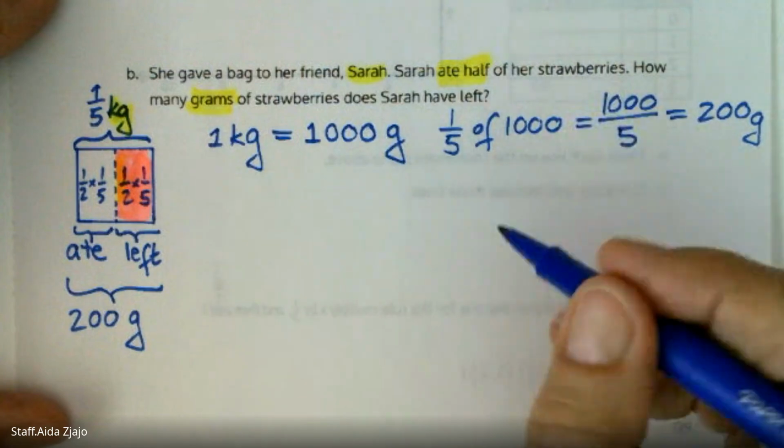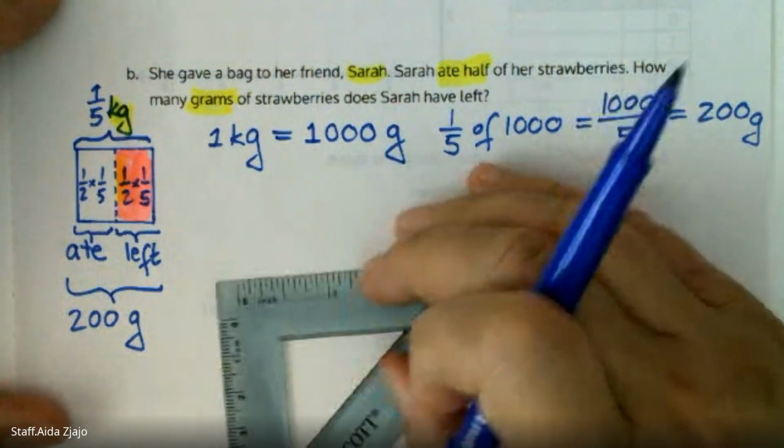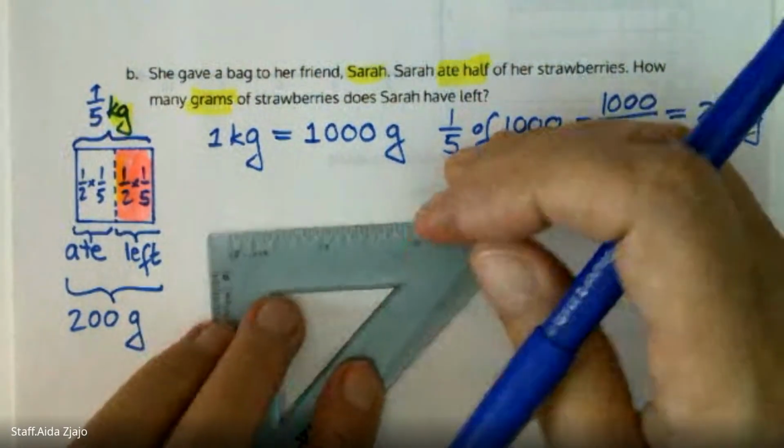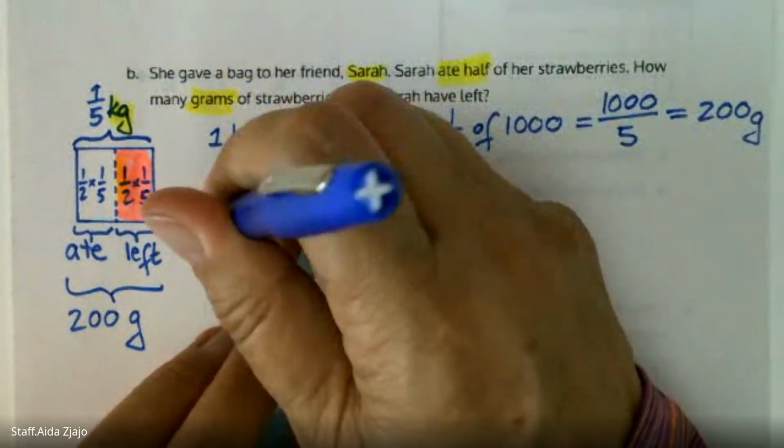Another way could be in the fractional part.